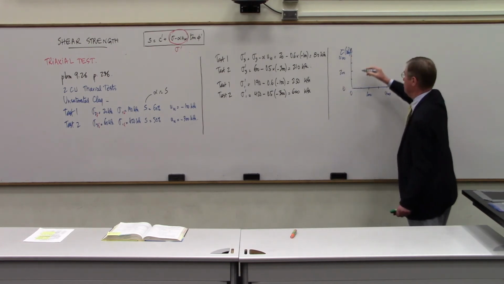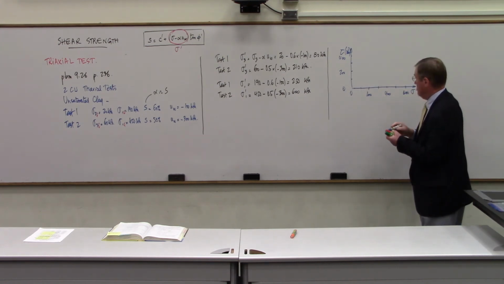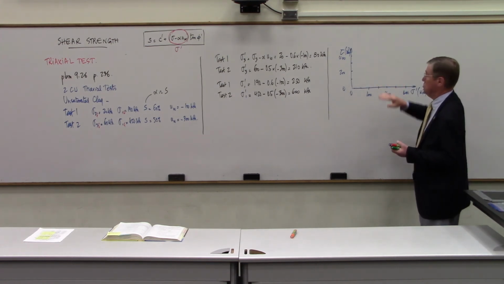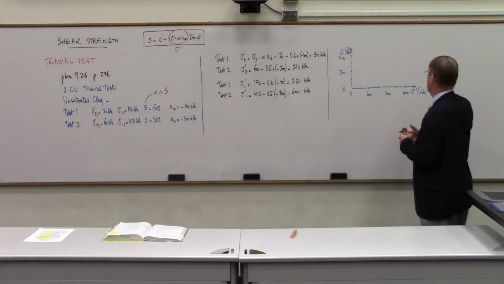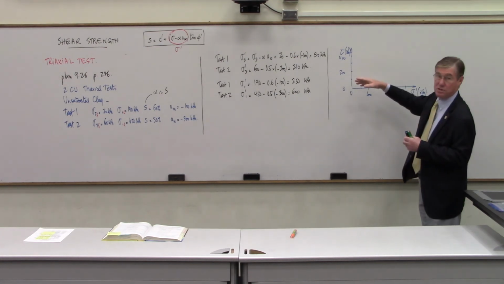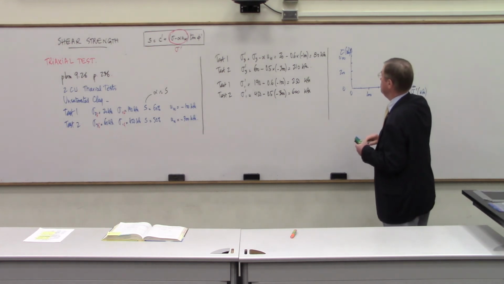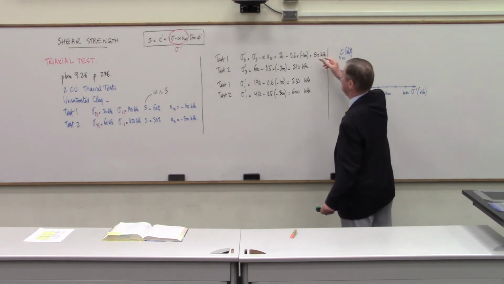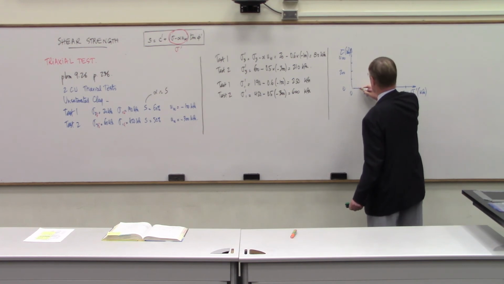Now remember the story, if you don't put the same scales on the two axes, you will not get a Mohr circle, more potato or whatever, but oval shape. So make sure you have the same scale in both directions. All right, let's put our Mohr circle. We've got 80 for sigma prime 3, which is about here.